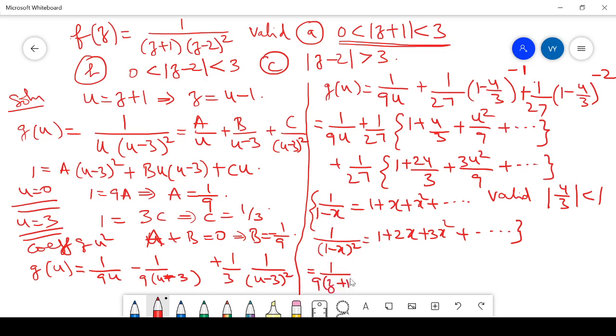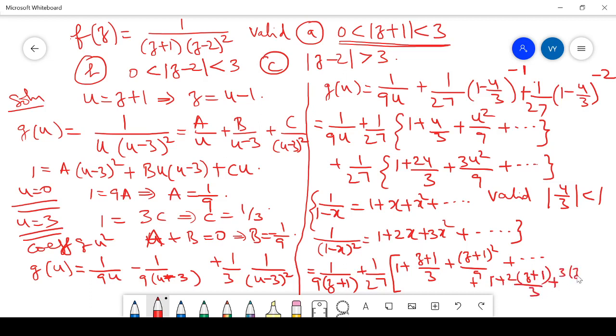1 by 9 into (z plus 1) plus 1 by 27 into [1 plus (z plus 1) by 3 plus (z plus 1) whole squared by 9 plus so on], and the next term will be 1 plus 2 into (z plus 1) by 3 plus 3 into (z plus 1) the whole squared by 9 plus so on.